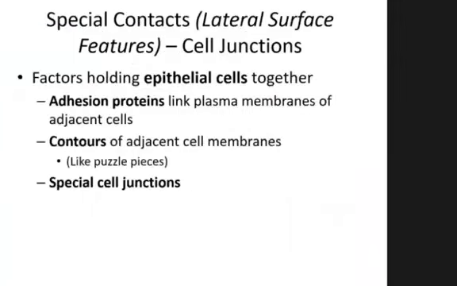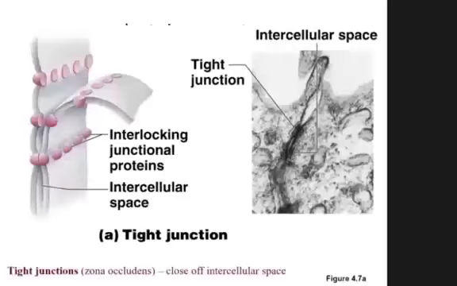An example of cell-to-cell adhesion is the tight junction. The tight junction is literally proteins interlocking with each other at the cell wall. This is the cell wall of one cell and the cell wall of another cell.